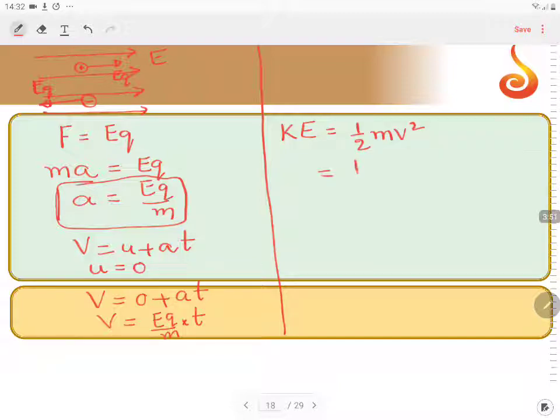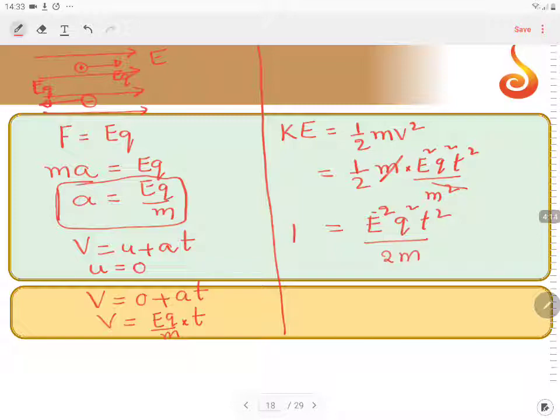So that is equal to half m, and what is this v? Here E square Q square t square divided by m square. If we cancel out one m, then we will be getting E square Q square t square divided by 2m. So this is the kinetic energy acquired by the charged particle after t seconds.